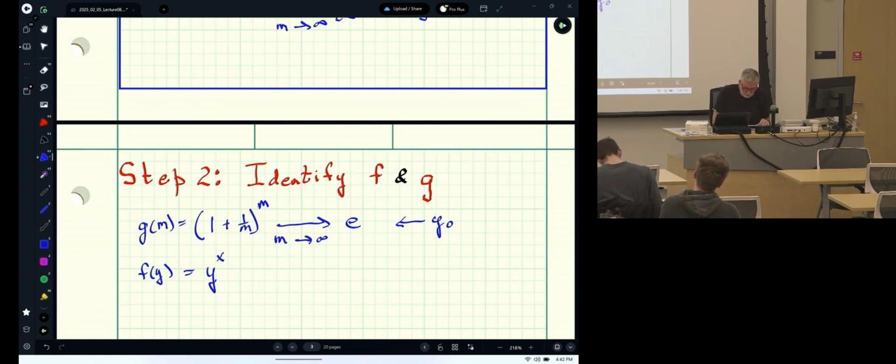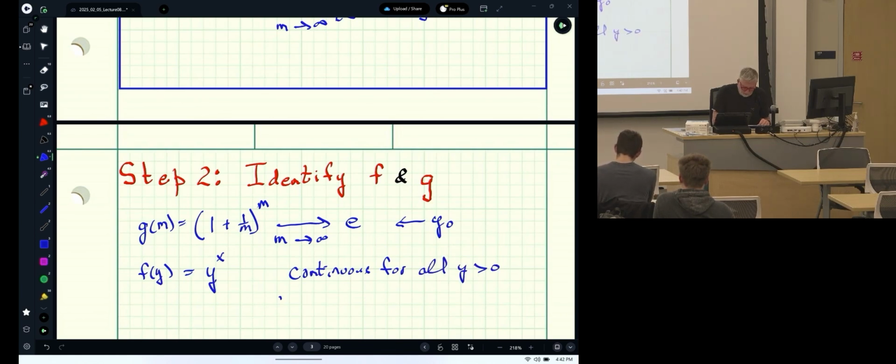And this function is continuous for all y greater than 0, and hence it's continuous at e.